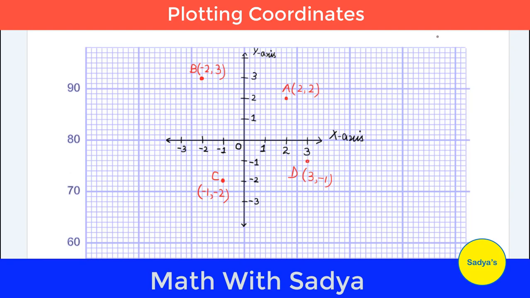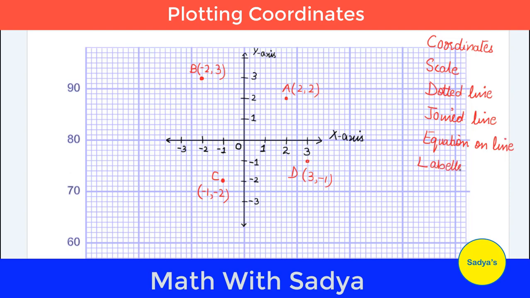Just remember the acronym C, S, D, J, E, L. C stands for coordinates, S stands for scale, D stands for dotted line, J stands for joint line, E stands for equation on line, and L stands for labeled axis.